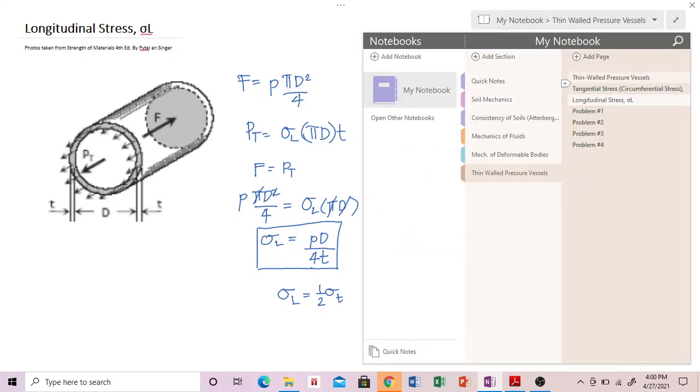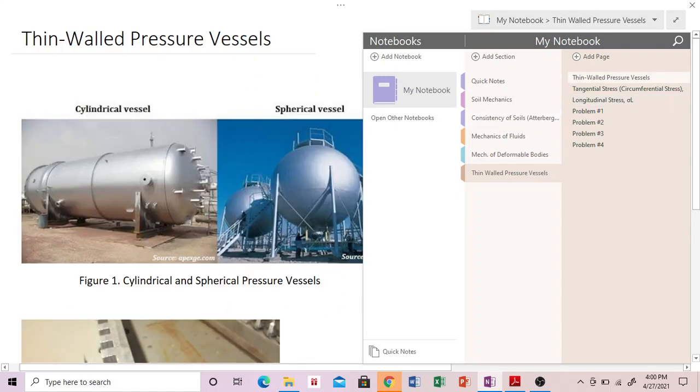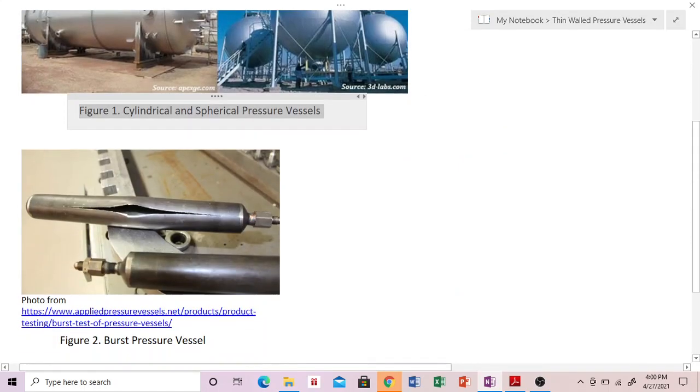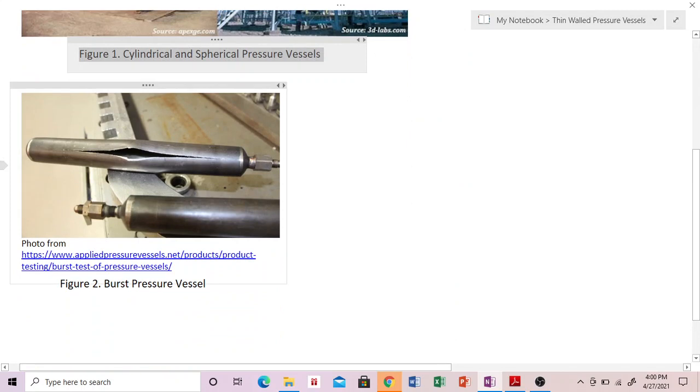Dito sa picture, sa page 1, meron tayo ditong this one. Burst pressure vessel. So, tinest siya, in-increase yung internal pressure until mag-fail. Ang naging failure is something like this. Okay? So, ganyan, class, ang nagiging failure when it comes to the tangential stress.